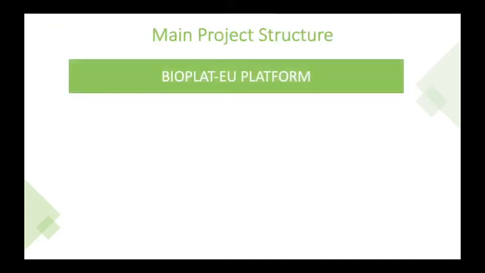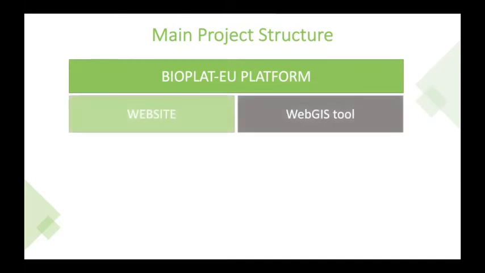And here we have a picture with the rough structure of the Bioplat EU platform, that is made in two main components, as was presented before. One is the website, and the other one is the WebGIS tool.